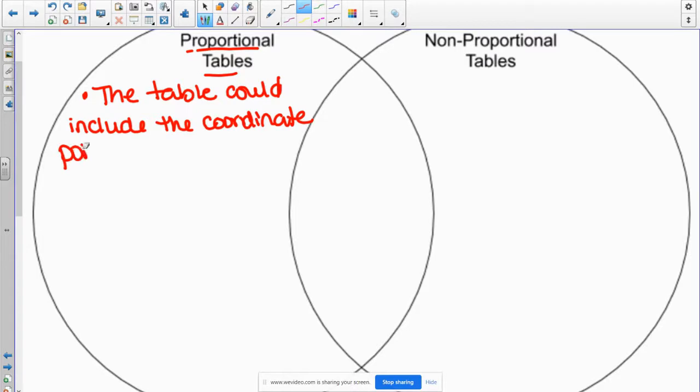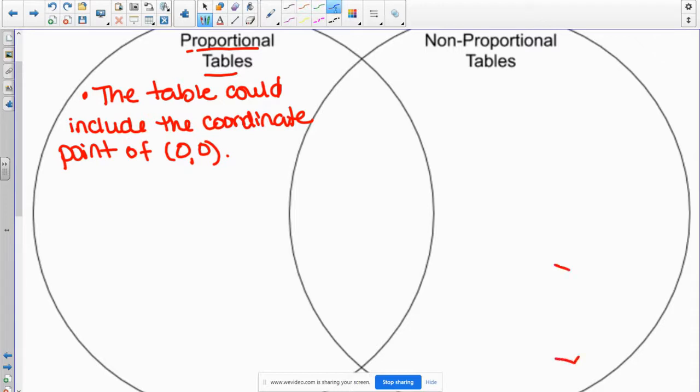Which makes sense because if it goes through the origin, that means this point would have to be in the table. Now, the word possibility just means, or could include, doesn't mean that each table has to have (0, 0), but if you force the table to move upward or downward, it would include it.